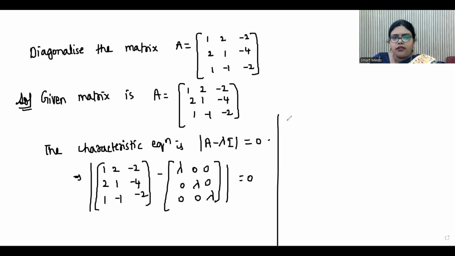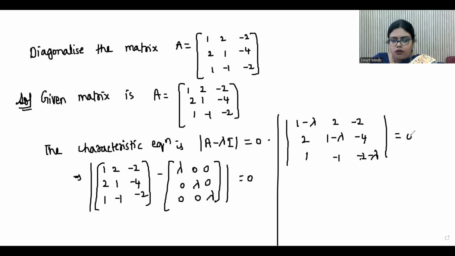So if you subtract these two, you will get [1 minus lambda, 2, -2; 2, 1 minus lambda, -4; 1, -1, -2 minus lambda] is equal to 0.